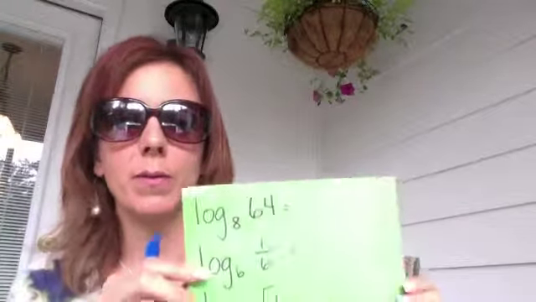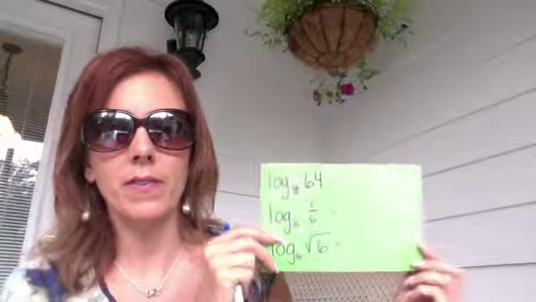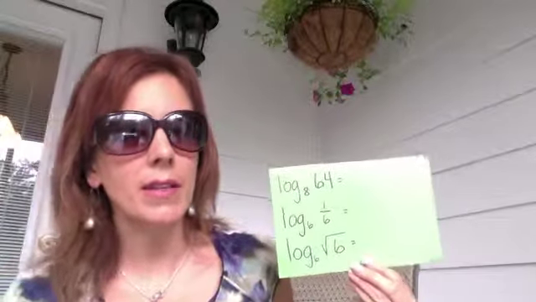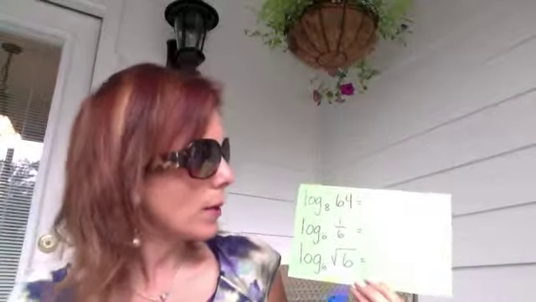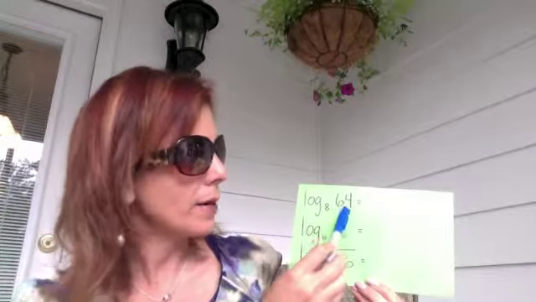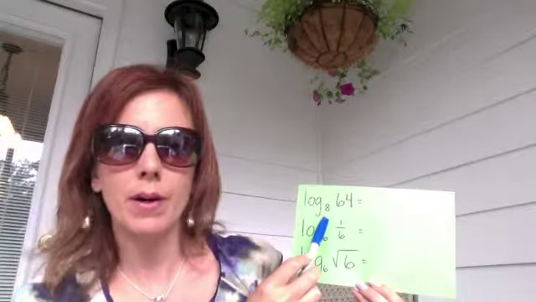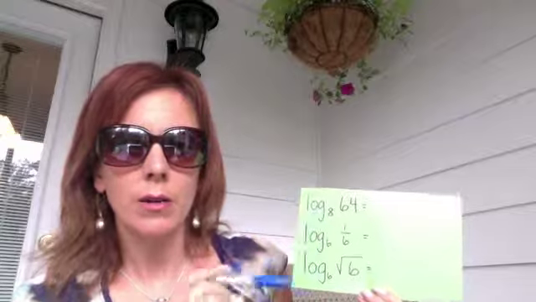Okay, so we're going to start with some things that are fairly easy. Log base 8 of 64. What I want to think about is how can I write 64 so that it is a power of 8? And you probably know that right off the top of your head. Well, that's the same as log base 8 of 8 squared.